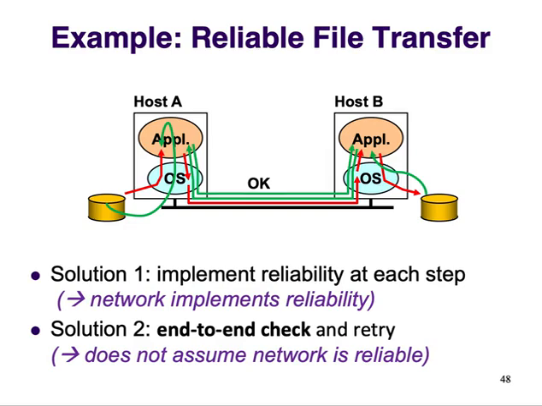So I want you to think now about which would you do, and think about it a little bit in 2 dimensions. Let's think about it first in 1 dimension, which is correctness. If I was concerned about correctly getting the file across to host B, which of these solutions would I want? And to refine that question a little bit, if I had solution 1, do I need solution 2?